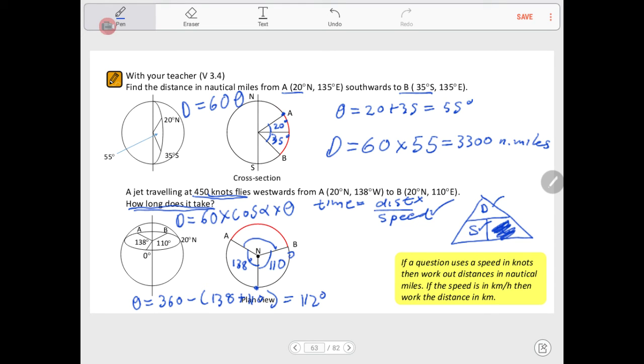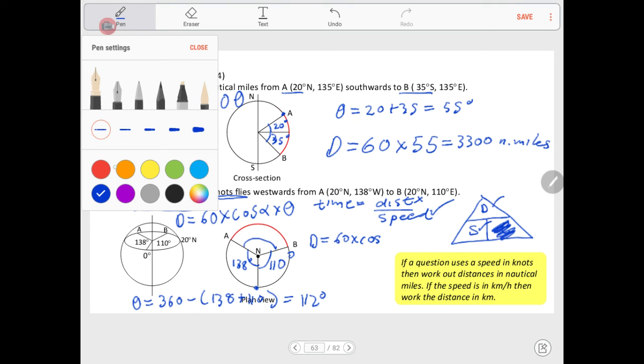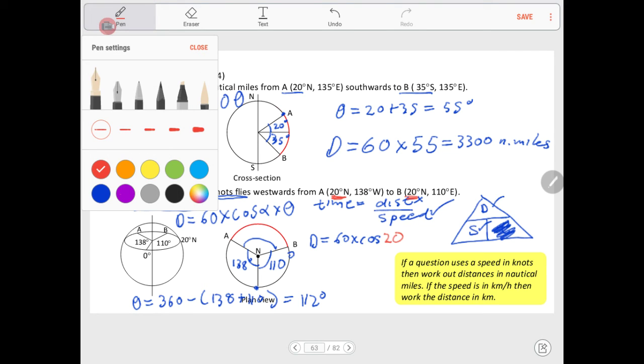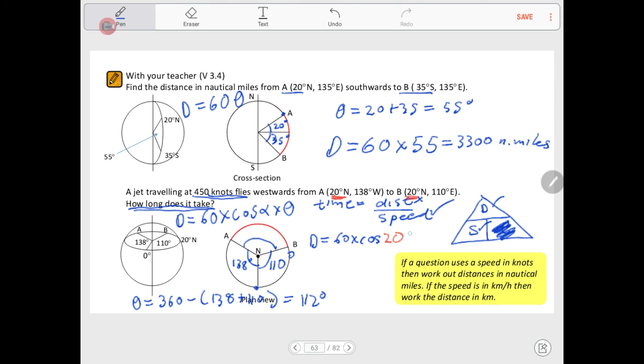Then we'll put this into our formula for distance. D equals 60 by the cosine of 20, there's our latitude, and then we multiply by our angular separation, theta, times 112. When we put that in, we get 6314.73 nautical miles.